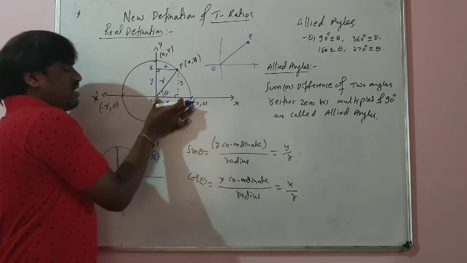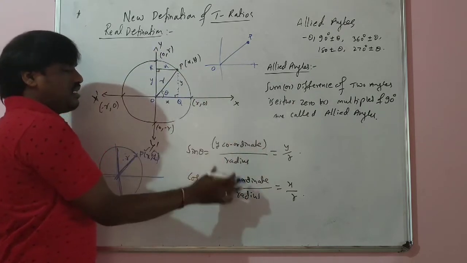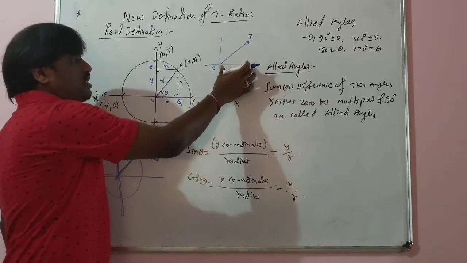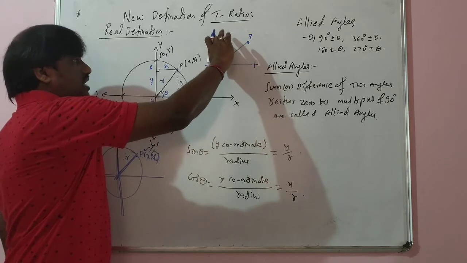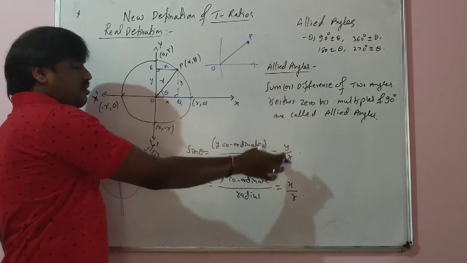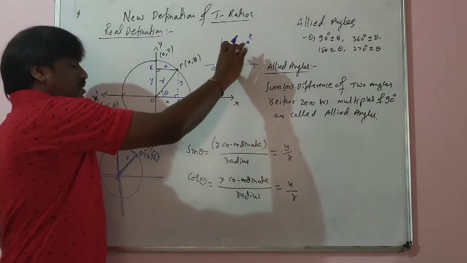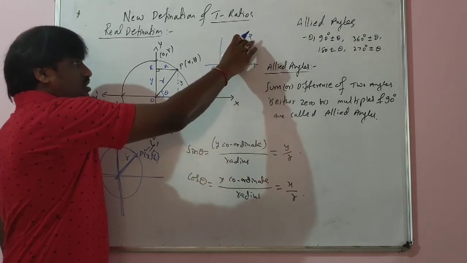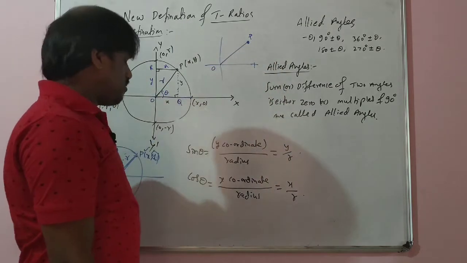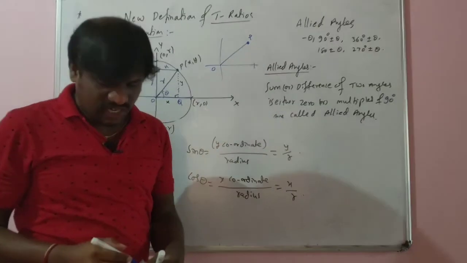The ratio of the x coordinate divided by the radius gives cos theta. In other terms, the projection of OP on y divided by the rod gives sine theta, and the projection of OP on x divided by the rod gives cos theta. So this is the new definition.